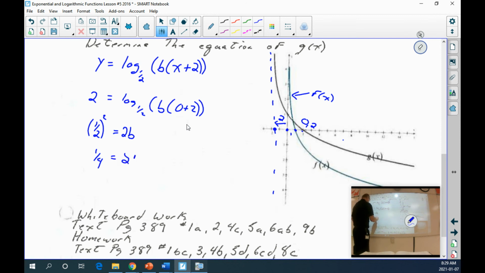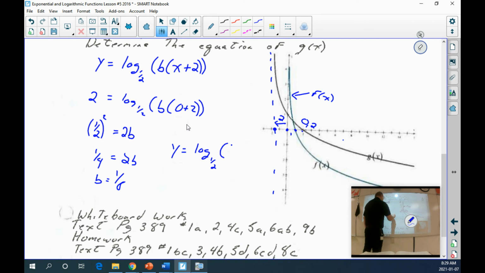I'm sorry, it's early in the morning. b is equal to 1/8. So our equation is y is equal to log base 1/2 of 1/8 times (x plus 2).